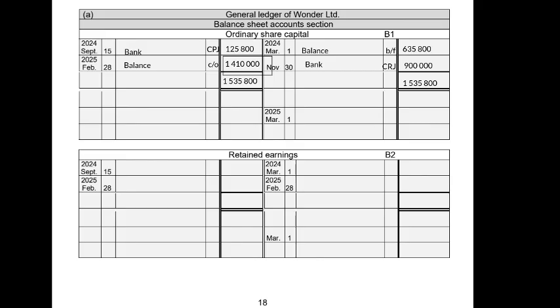Then we move on to the retained earnings account. So on the credit side, we're going to have our balance brought forward. And the amount is 270,000.